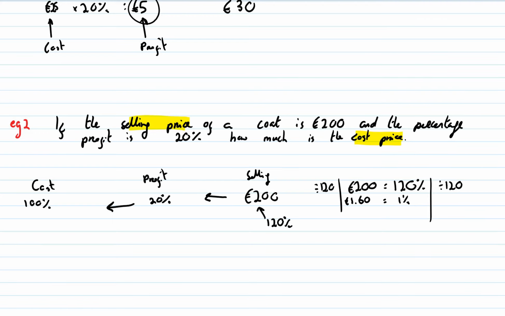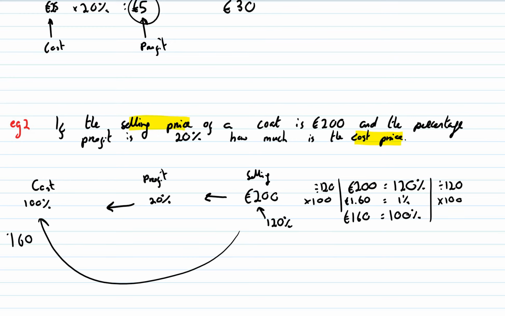So €1.60 is 1%. What do I want to get here? I want the 100%. So multiply it by 100, multiply that by 100, and I will get 160 euros. That's 100%, so this here is 160 euros.